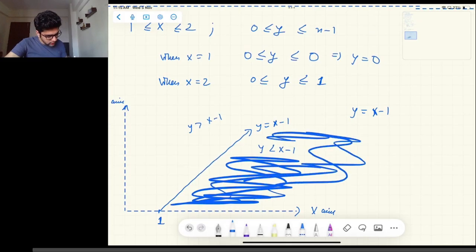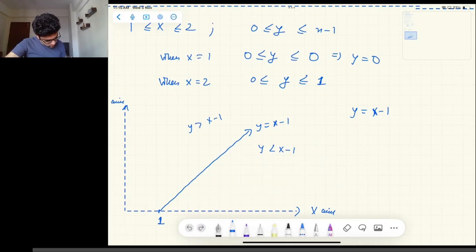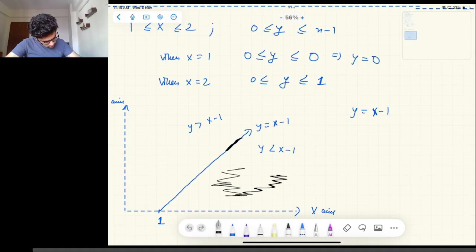So now let me erase this part and shade this area using a black pen, along with all the points lying on this whole line. Now let me remove this.